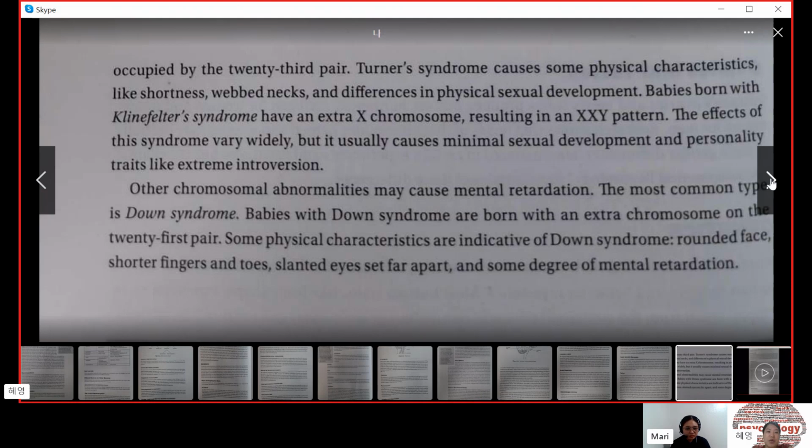Babies born with Klinefelter syndrome have an extra X chromosome, resulting in an XXY pattern.